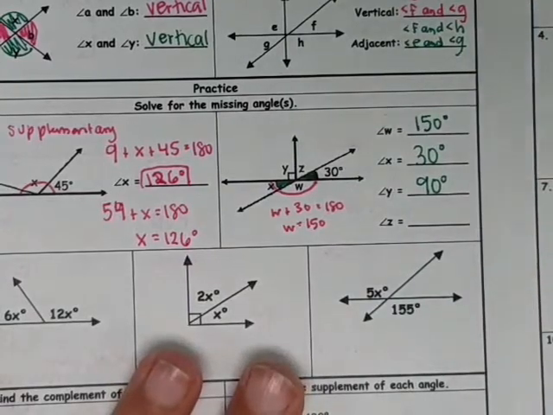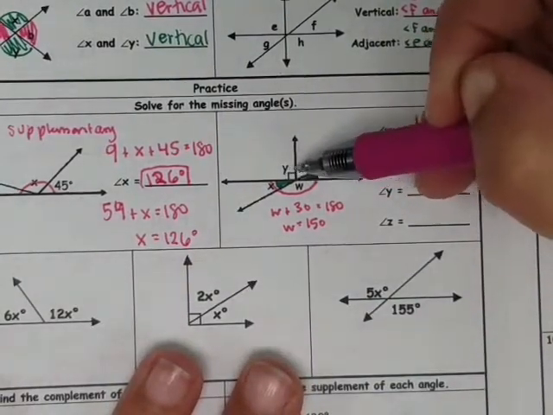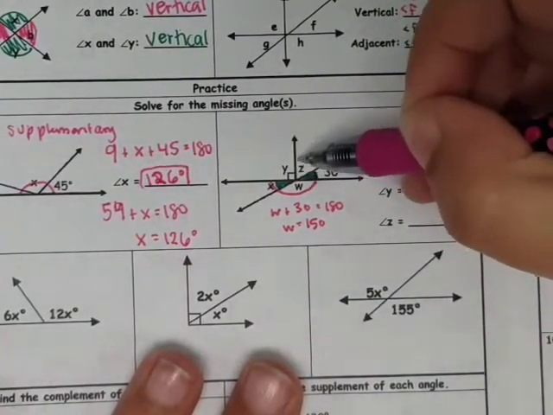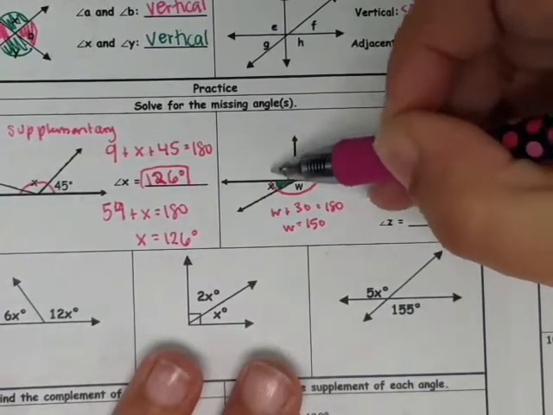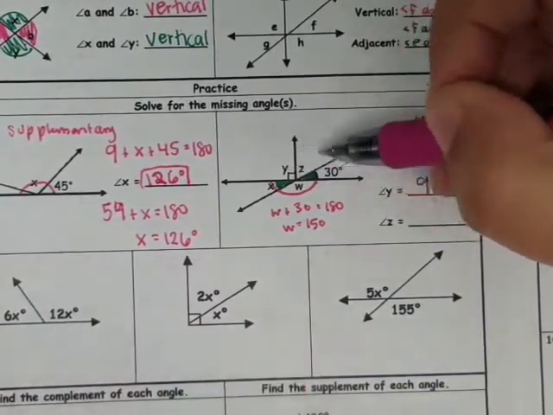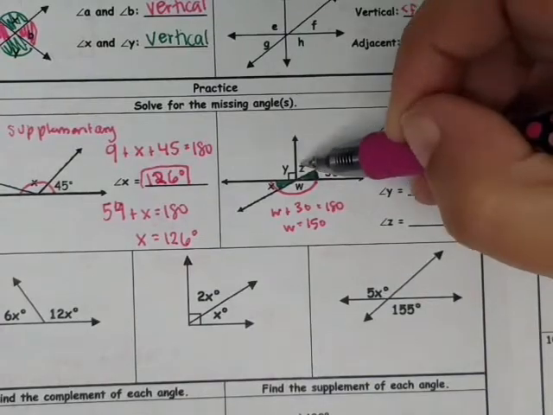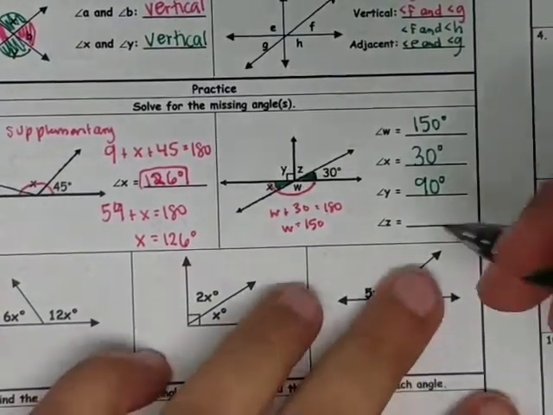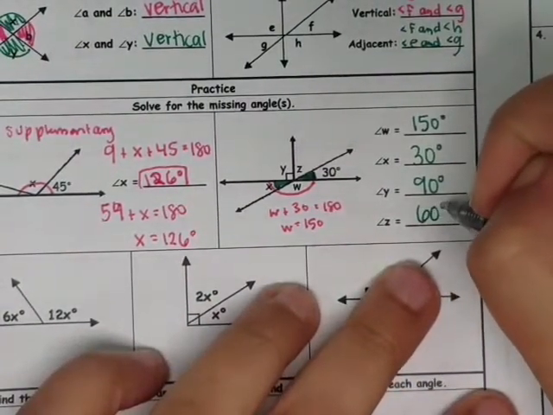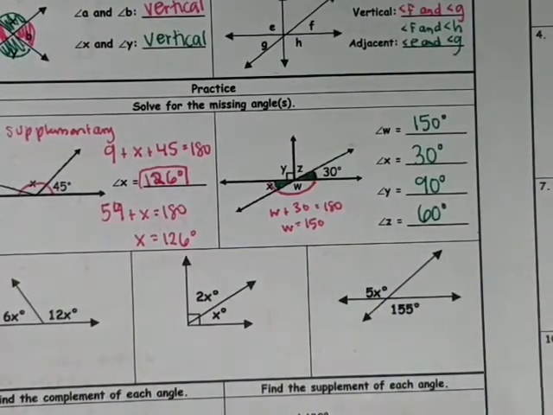And then one other thing is that if we know that Y is 90, then Z plus 30 is also 90 because these are supplementary angles. So if this is 30, then Z has to be 60. So it's kind of like a puzzle. You have to find all the pieces.